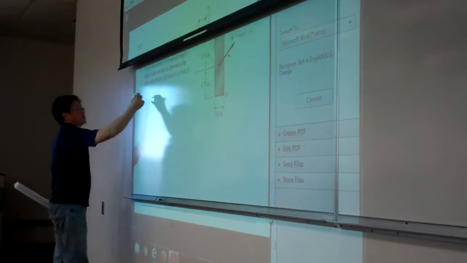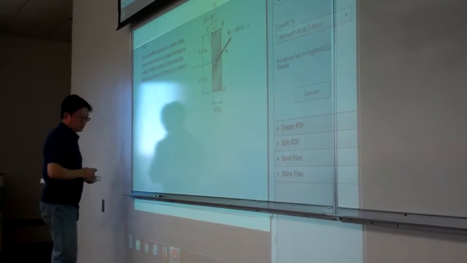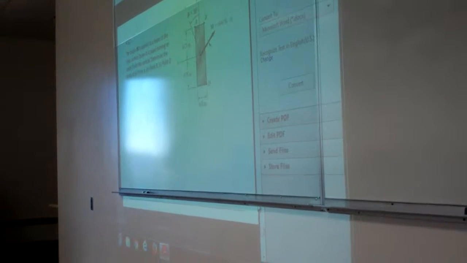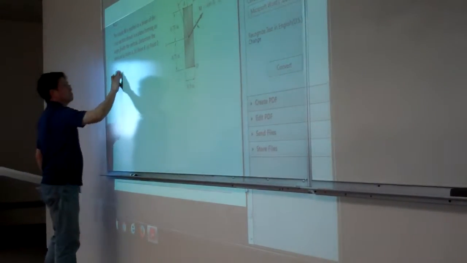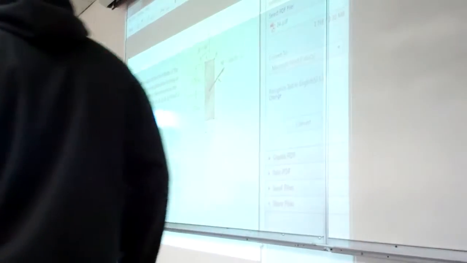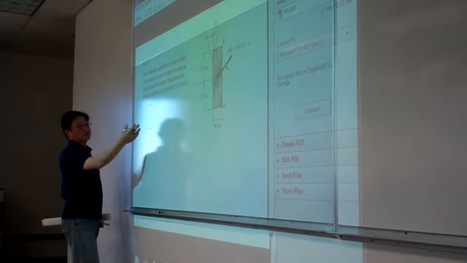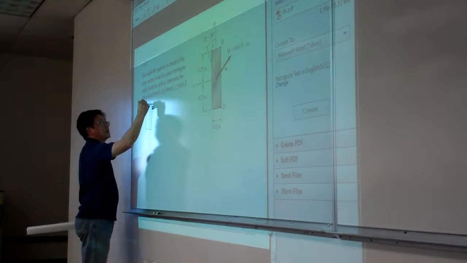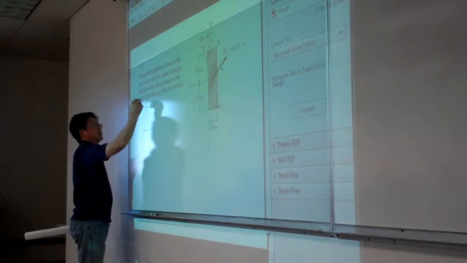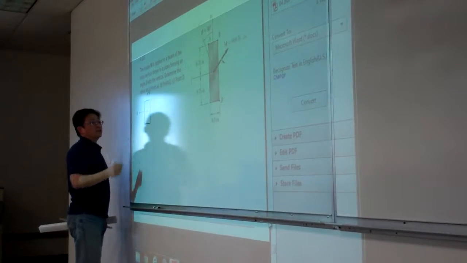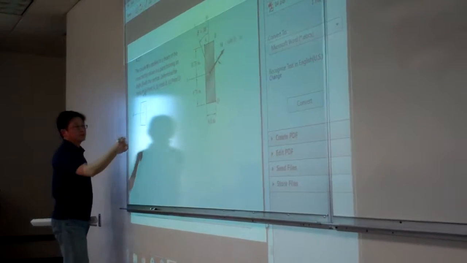So for these questions, this is a cross section like this, and this is the y and z directions. And here we put the origin at the centroid of the cross section.